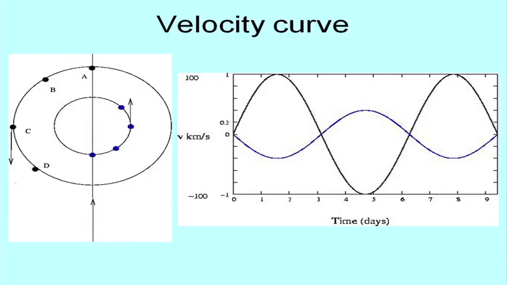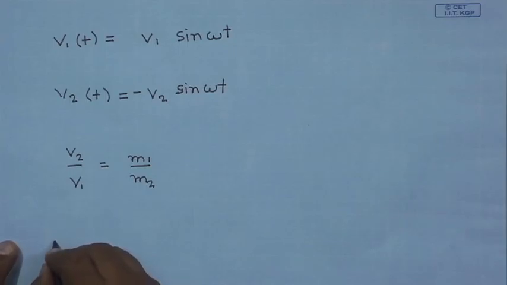Now, today we are going to discuss how such an observation of a spectroscopic binary can be used to determine the masses of the two individual stars. So, what we are going to discuss today is mass determination.